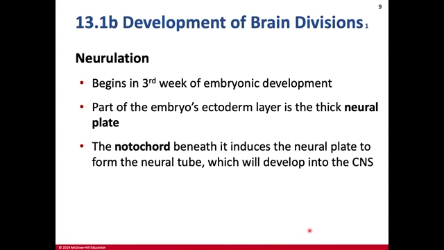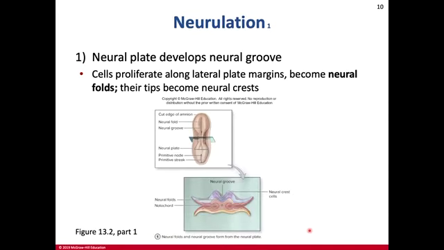So the notochord produces chemical signals, and that causes the ectoderm layer, which is the top layer of the embryonic disc, to thicken in that region. And that is eventually going to become a neural tube and drop below the level of the ectoderm and become what will be your spinal cord, your brainstem, and ultimately your brain, right?